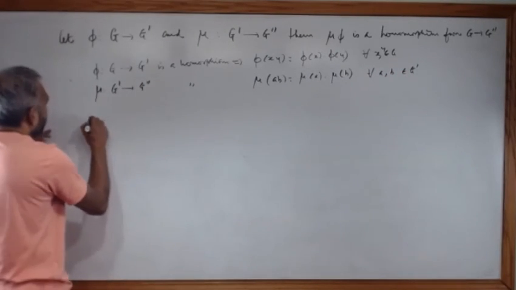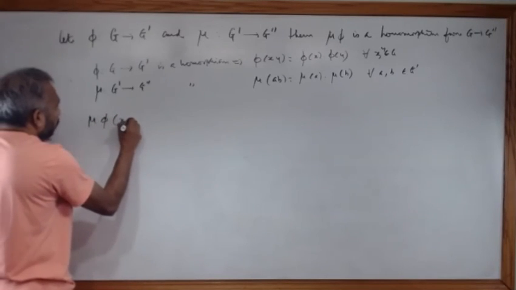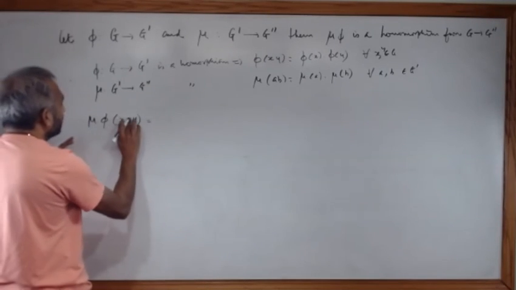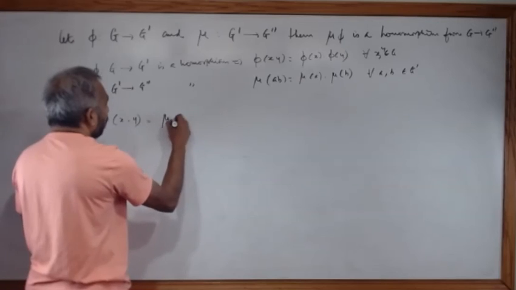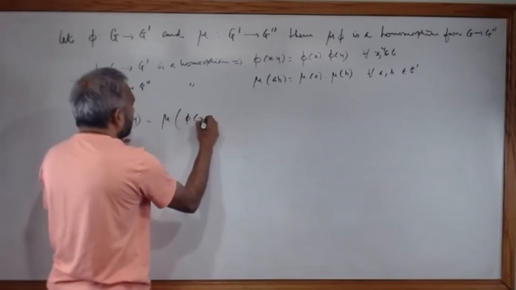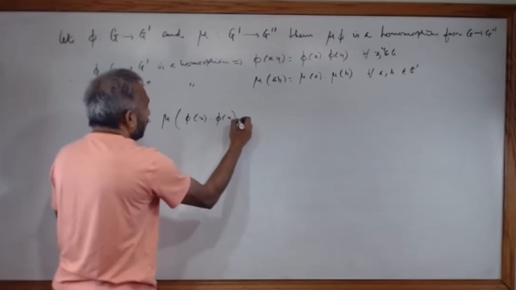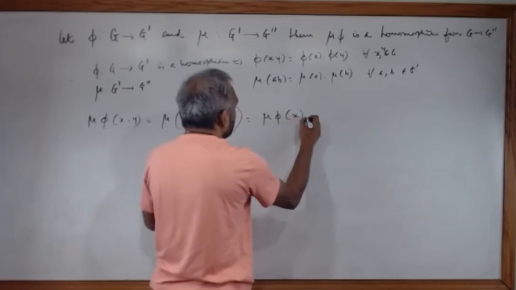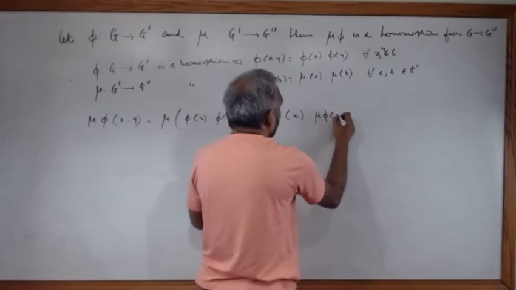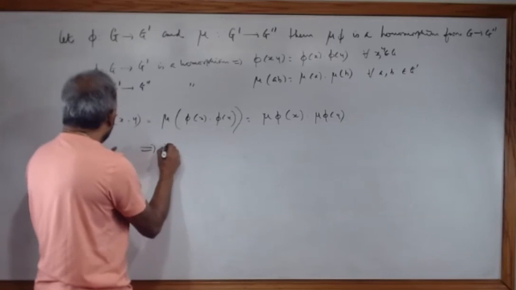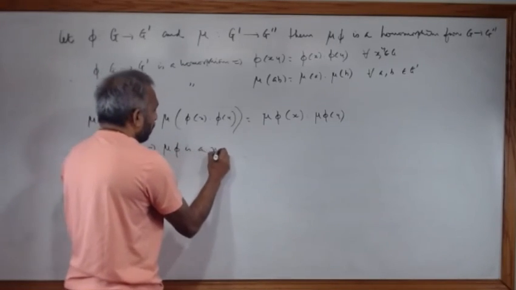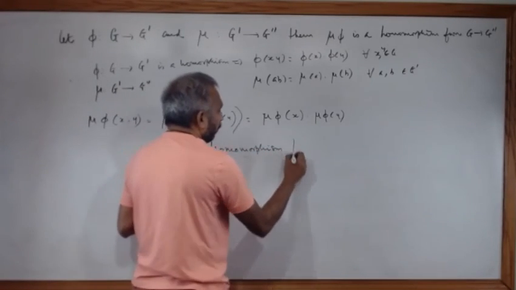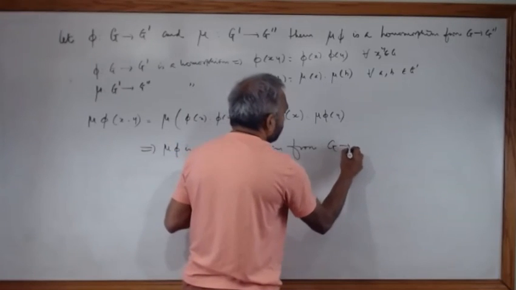So we'll take mu of phi of xy, which is equal to mu of phi of x times phi of y, and that is equal to mu of phi of x times mu of phi of y. That implies mu phi is a homomorphism from G to G double prime.